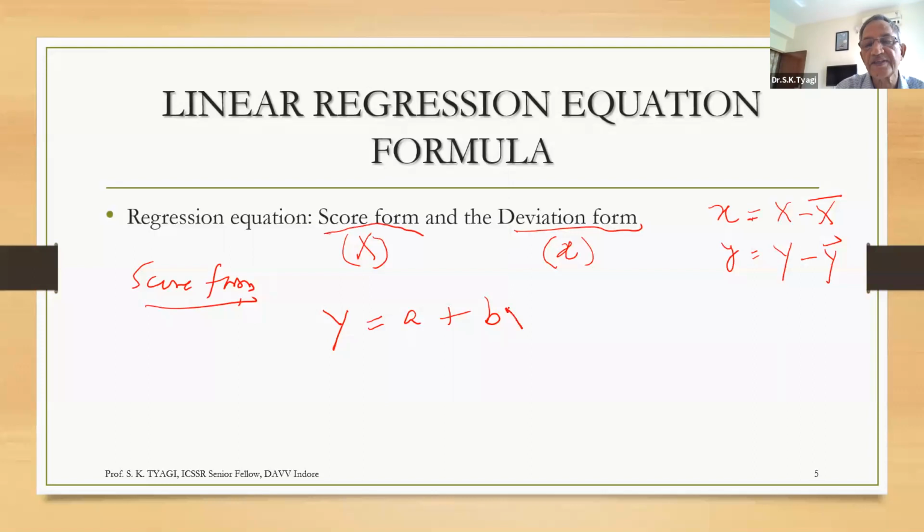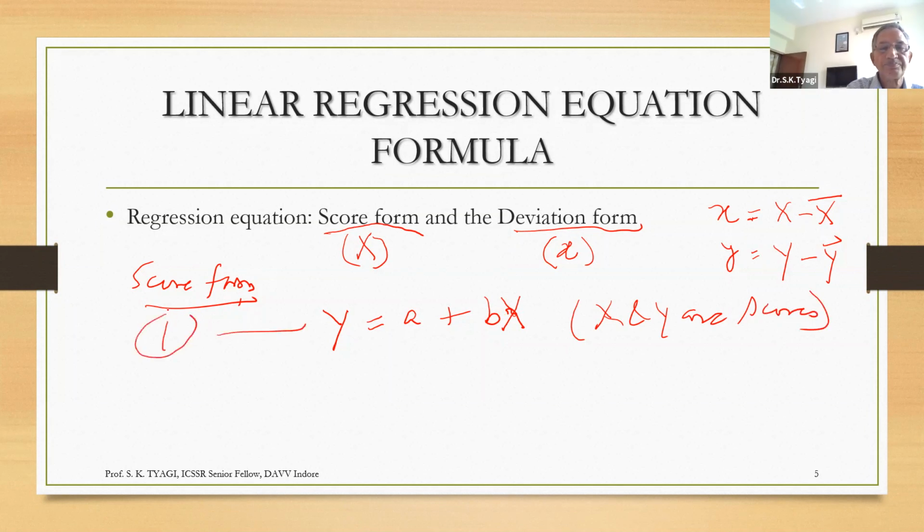Mind it, Y and X are capital, which means they are scores, where X and Y are scores. X is the predictor, Y is the predicted. So this is basic equation number 1, suppose.